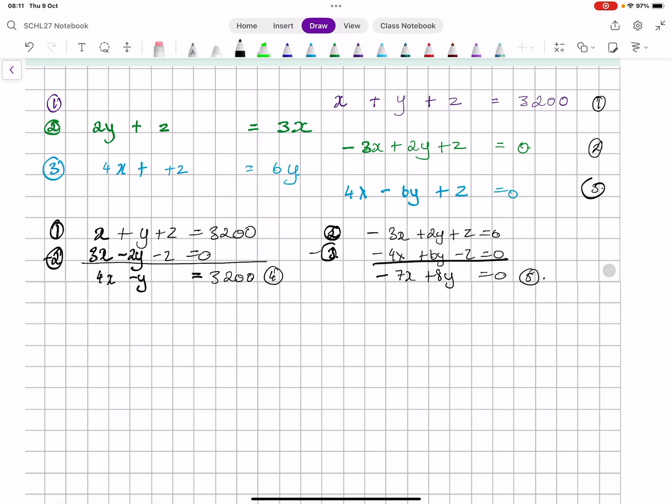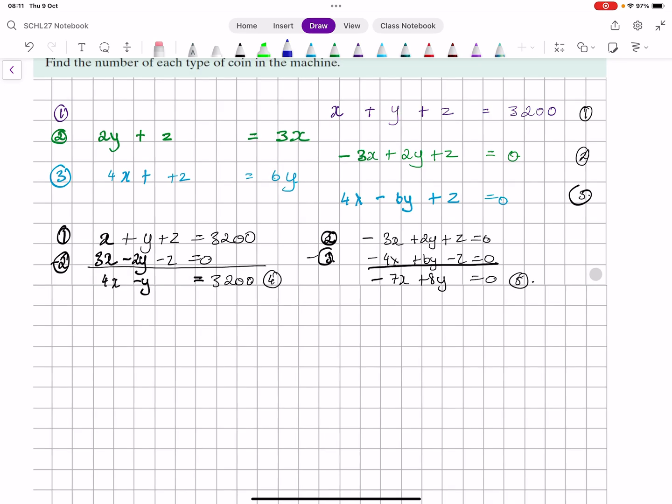Starting to look a little bit complicated here, lots of multiplication to do. So looking at this, I can rearrange equation 4. I can write equation 4 as 4X minus Y minus 3,200 is equal to 0, or 4X minus 3,200 is equal to Y. And that's equation 4.